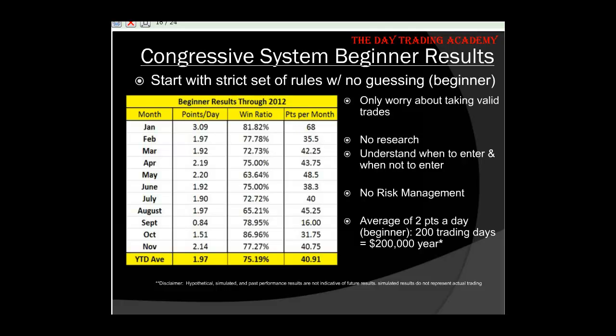Ed, does that make sense as well? Mike, how much of an account do you need to start making that kind of money? Well, that's a hard question to answer, because it really depends on your personal margin.